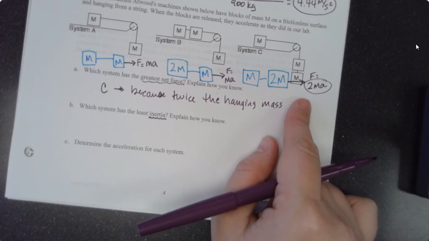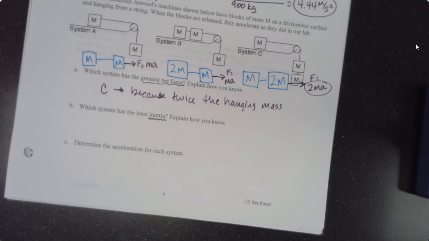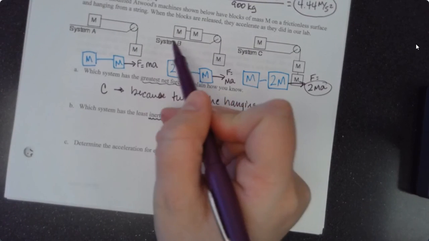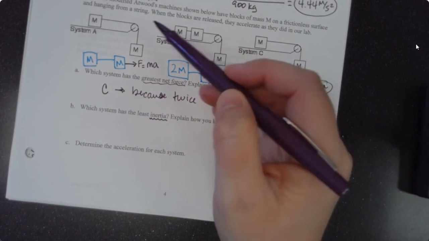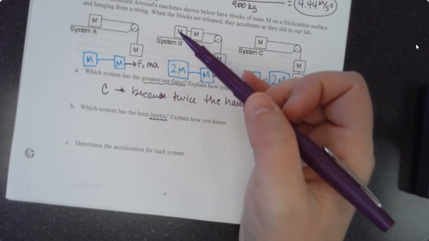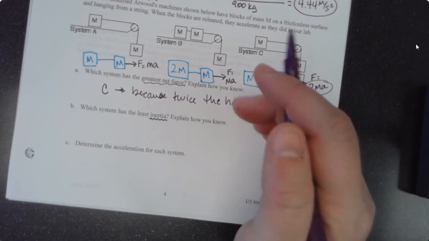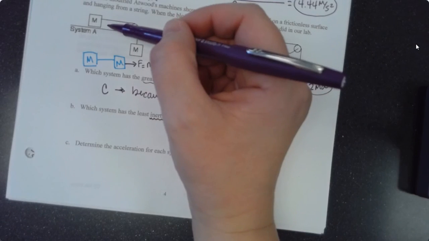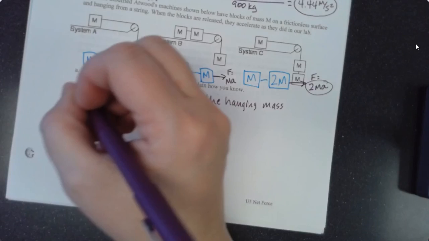We observed that when we put more mass on Atwood's machine, it was easier to move the cart. These two are a little trickier. Inertia is resistance to motion, and which one wants to move the least. Which is harder to move, something with more mass or less mass? More mass is harder to move, right? So the one with the least inertia is probably going to be A, because it's the lightest.